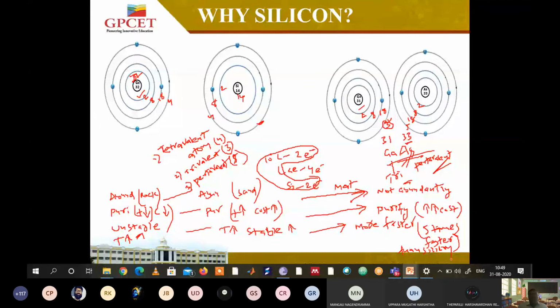That's why we don't have bullet trains or faster trains. If you want to manufacture a bullet train, we need a material called gallium arsenide. But gallium arsenide is not present in our country, so we need to buy the raw material from other countries and then purify it. Purification cost is also very high.